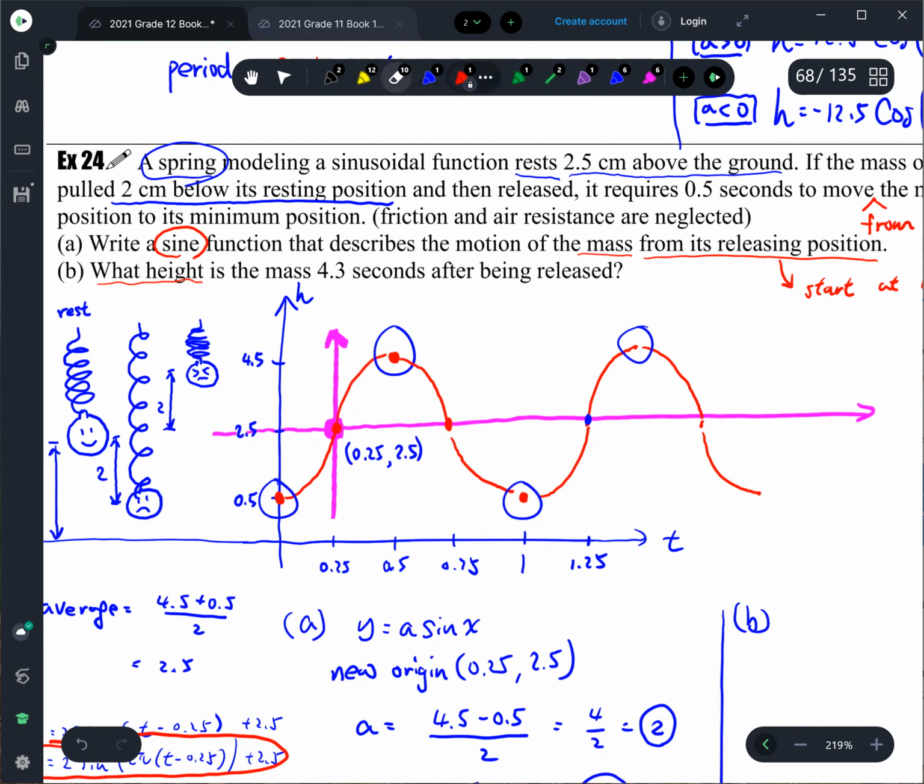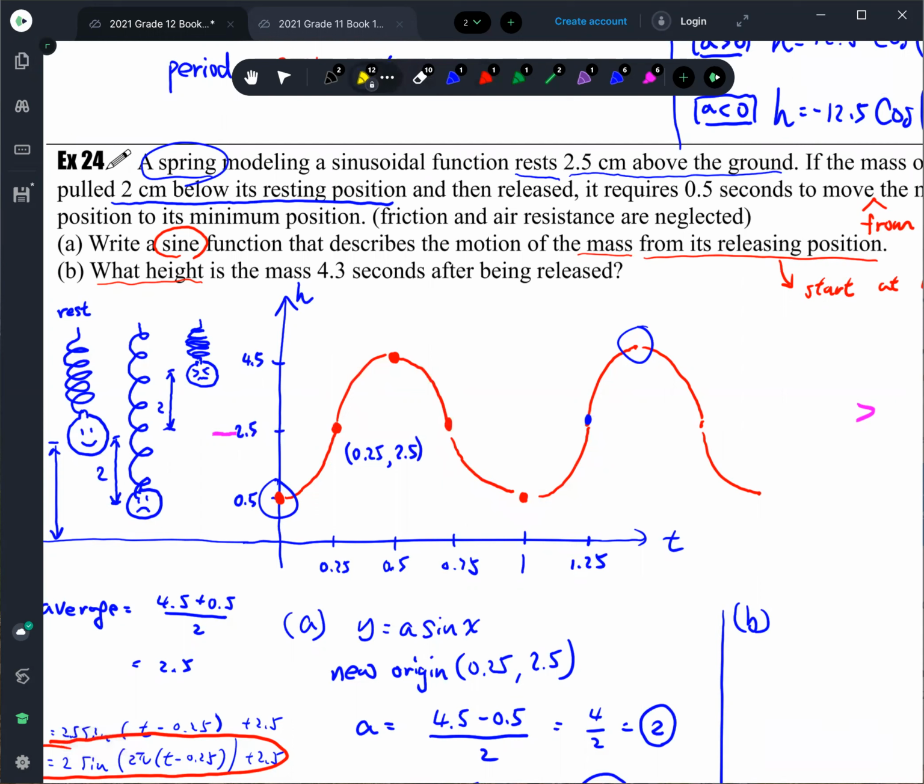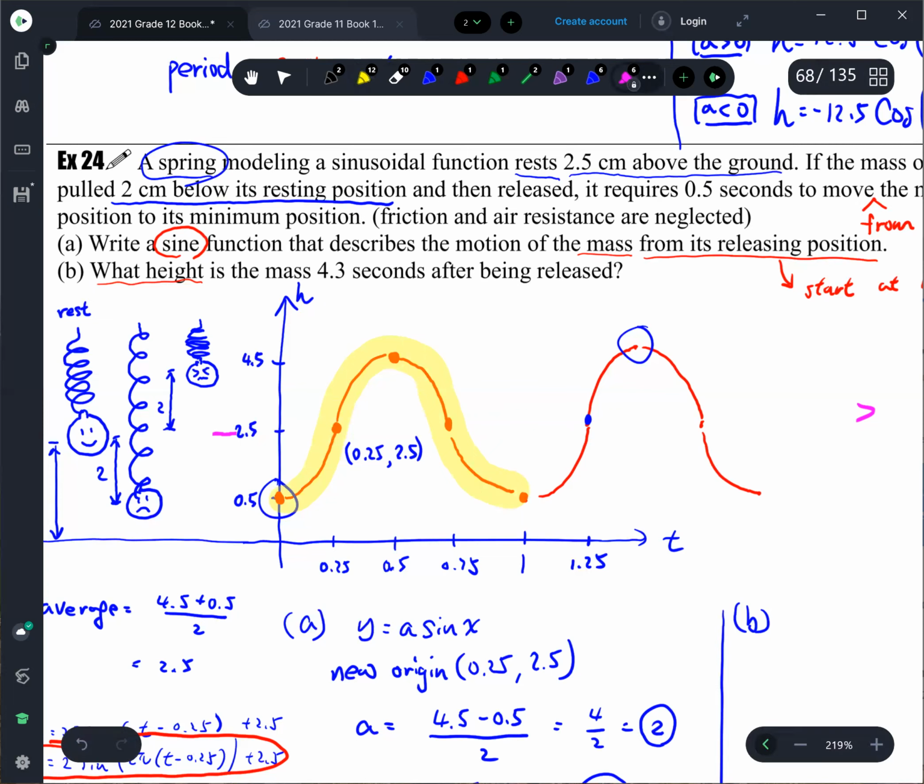Okay, let me erase all the unnecessary things here. Let's erase those lines. So what you can do to predict your answer: this is 1 second, 1 period. And then 2 seconds, same thing, it will repeat again, and then it will do the same thing. 3 seconds, and then repeat again. 4 seconds, and then 4.3.